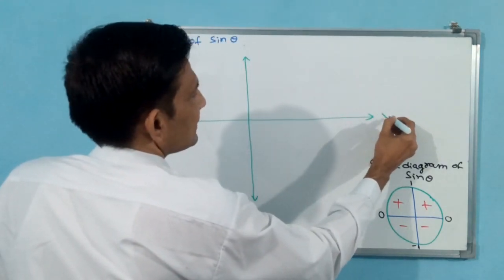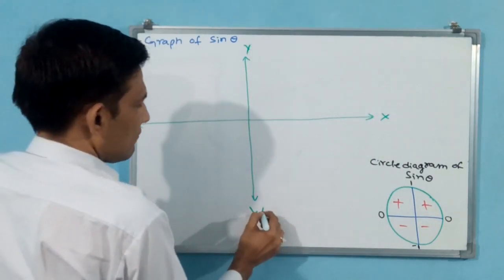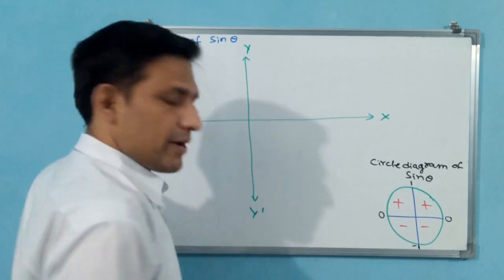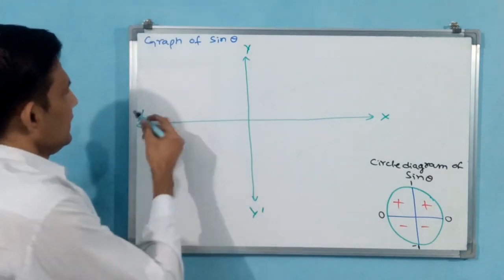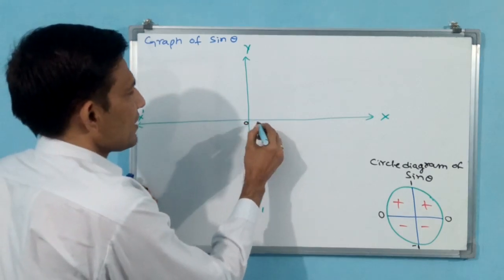Say this is x, y, x dash, y dash. These are coordinate axes and origin.